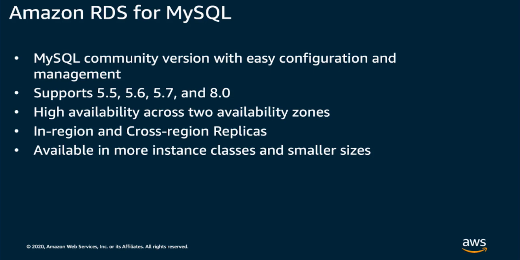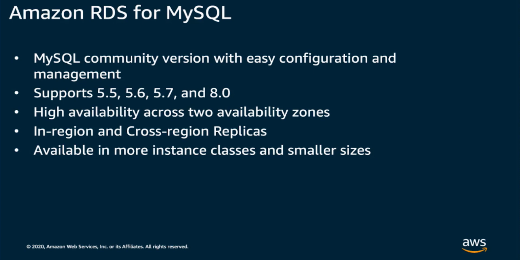And we provide in-region and cross-region read replicas. Those are built-in features. So with a single click of a button, you can have a cross-region read replica created for you. And RDS MySQL also comes with different instance classes where you can launch your MySQL.